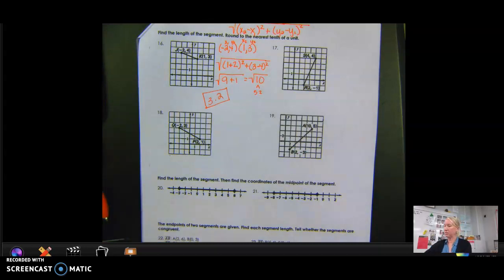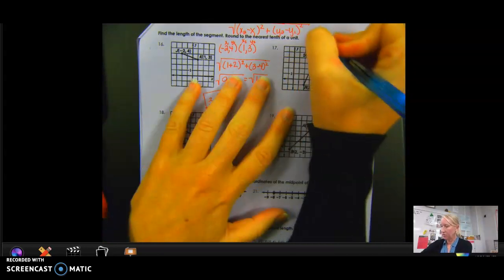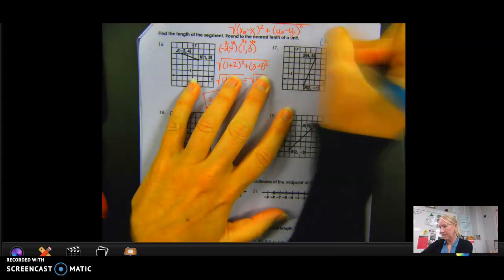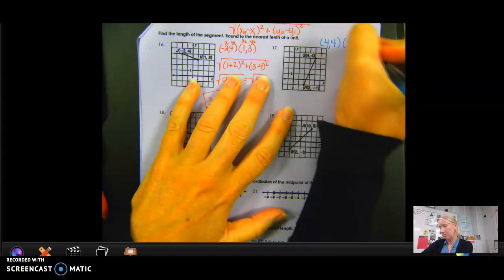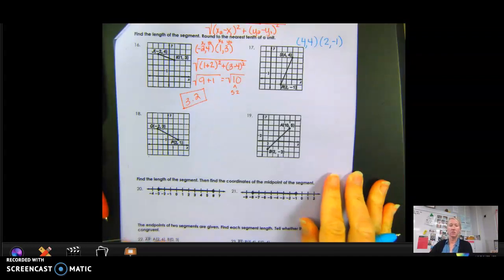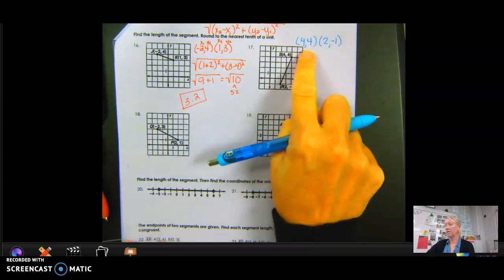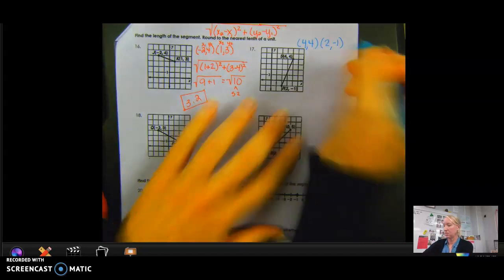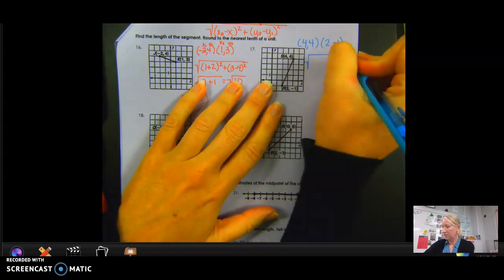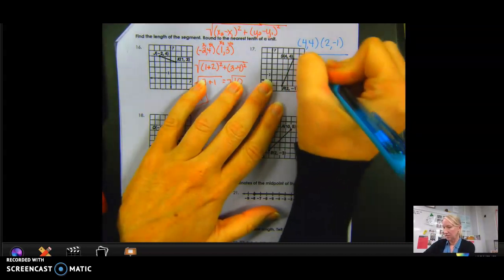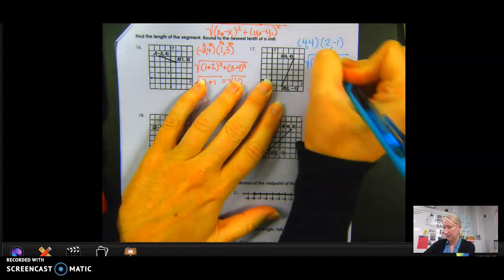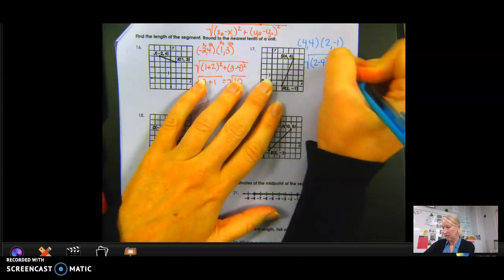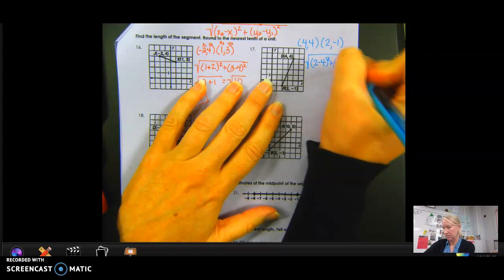All right, let's try the next one. I'm going to use 4 as my point 1 and 2, negative 1 as my point 2. You can do this. If you want to stop, pause, and use this as your first point and this is your second point, you'll see you'll get the same answer as me in the end. Okay, big square root, so x2, 2 minus 4 squared plus negative 1 minus 4 squared.